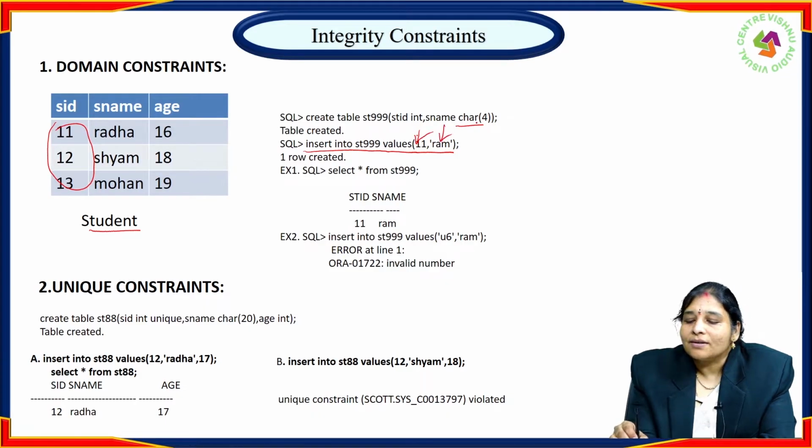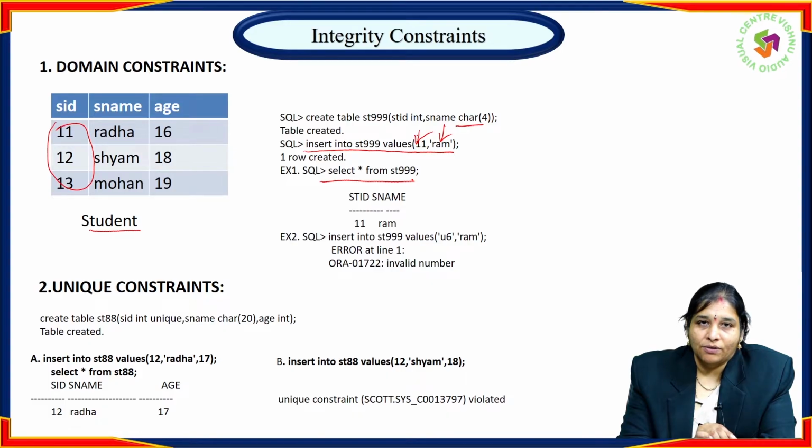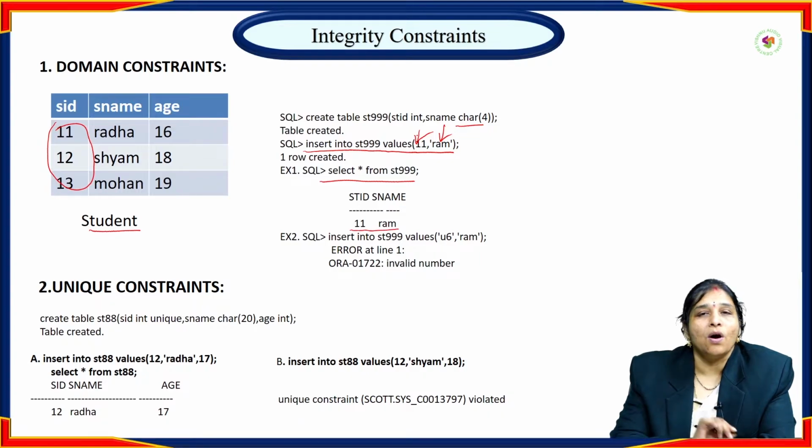There is no issue. RAM is character data type. When I execute select star from that particular table, which is used to retrieve the values that you have stored in the table, I got back those values. If you observe carefully, underneath student ID I have 11 and SName RAM, which means both my values have been inserted properly.